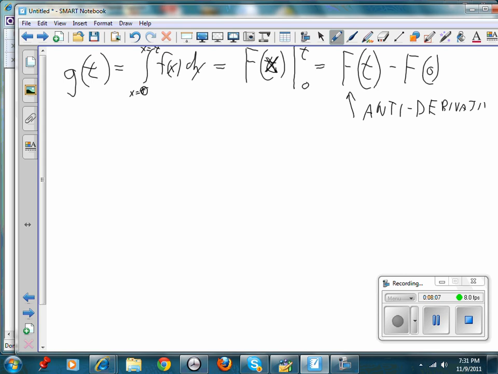Okay, we're going to have to talk a lot more about what an antiderivative is, but it's just another function. Another function has to be the antiderivative of f. Notice g of t is a function of t. This is just a number here. This is just the antiderivative evaluated at 0.